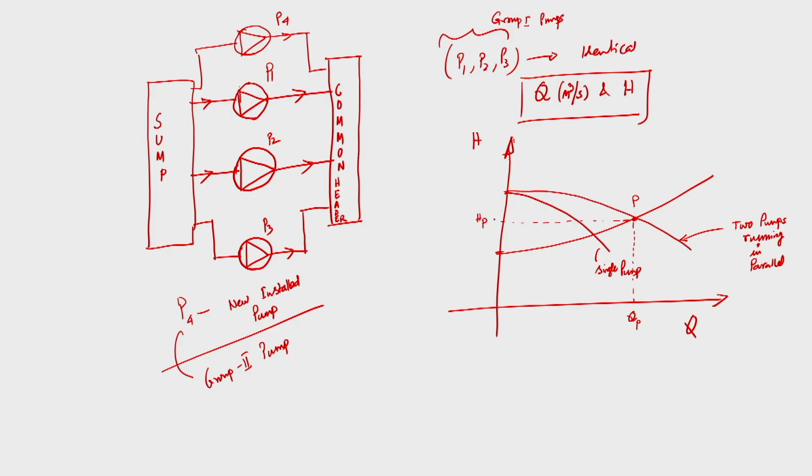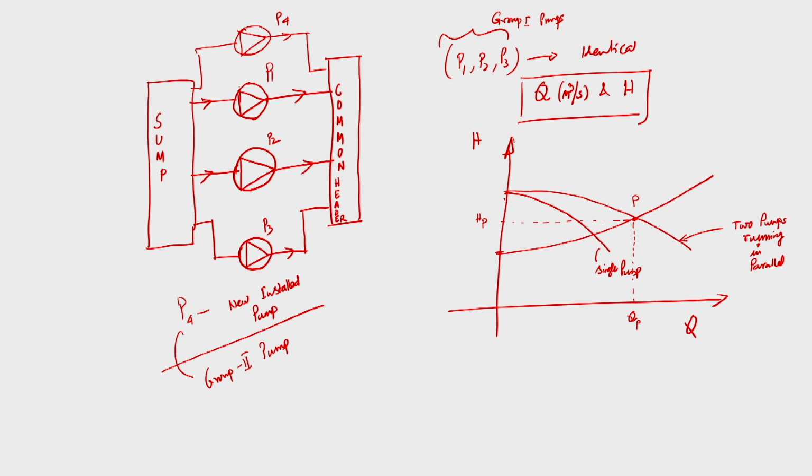Now, if I install the new pump, let us say the demand is such that the shut off head of P4 is nearly equal to that of the existing pumps, but we need a little bit of water from the existing pumps.